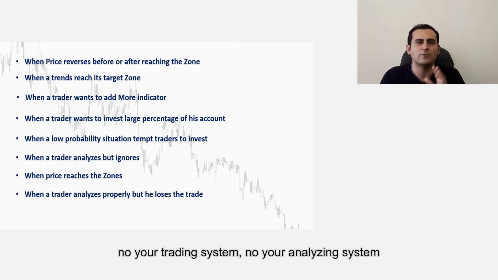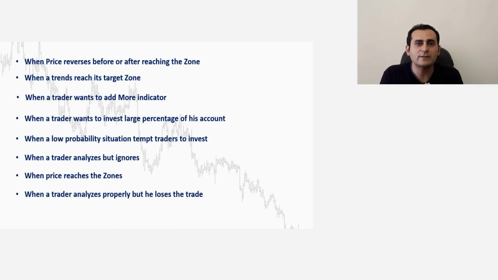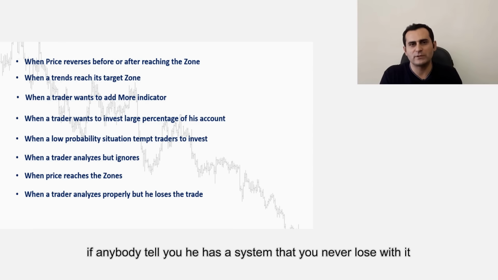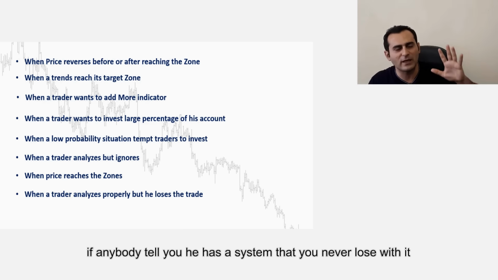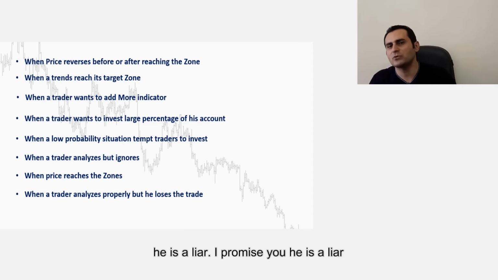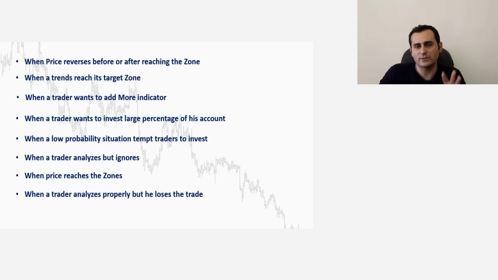Know your trading system, know your analyzing system. Losing a trade is natural in this career. You can't find a system that never loses. If anybody told you he has a system that you never lose with, he's a liar. I promise you he's a liar, and don't listen to him.